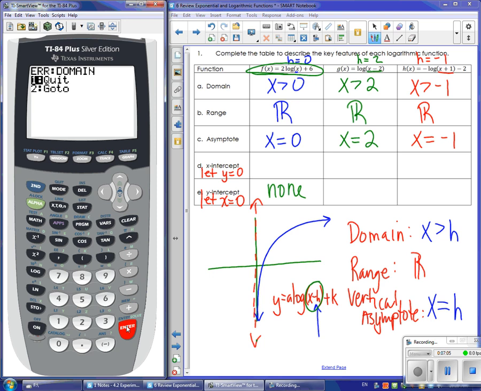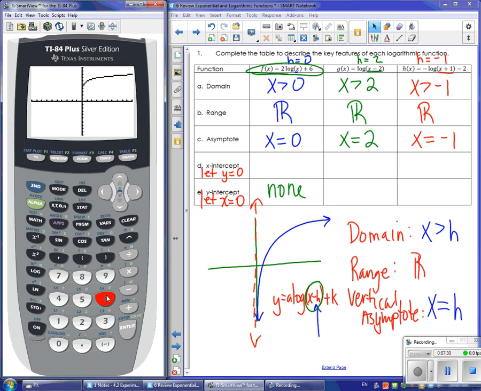And I'll show you on the graph. If I go ahead and go to my y equals screen, I guess I have to clear that. All right, if I go to y equals and I type in this function, 2 times the log of x, and close my parentheses before adding 6. Okay, I'm just going to do this on a standard window, which is zoom 6.